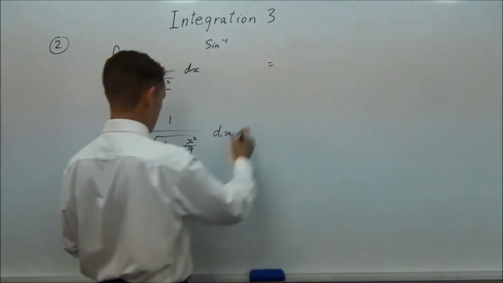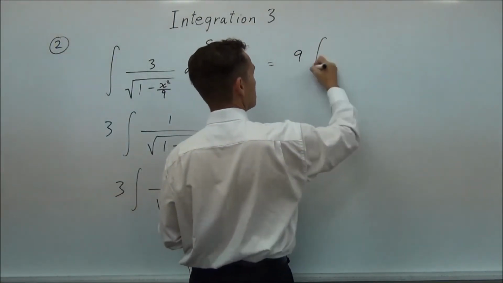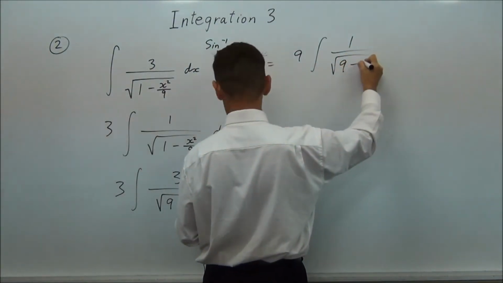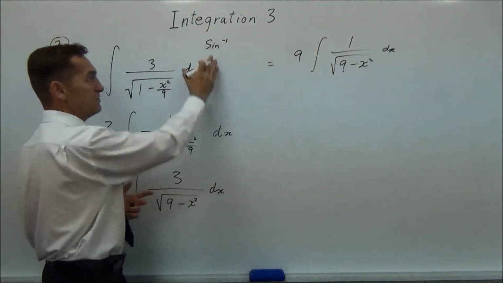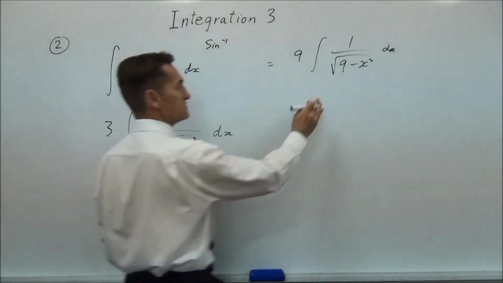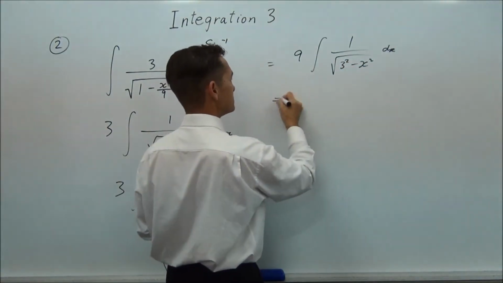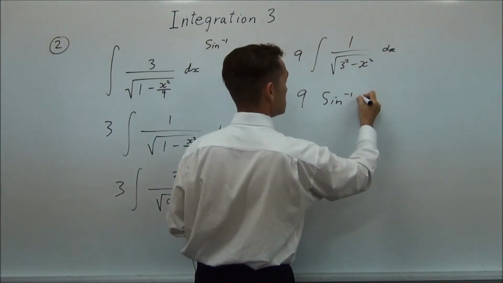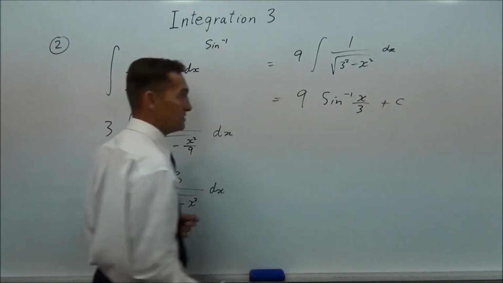So we're going to have 9 integral 1 over square root 9 minus x squared dx. And now it's straightforward, it's very easy to see the sine, because we rub that out and write 3 squared, it's very obvious. It's going to be 9 sine of the minus 1 x on 3 plus c.